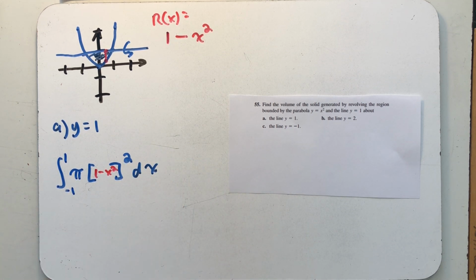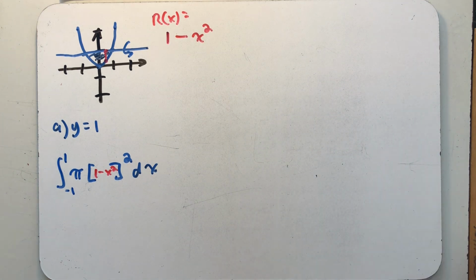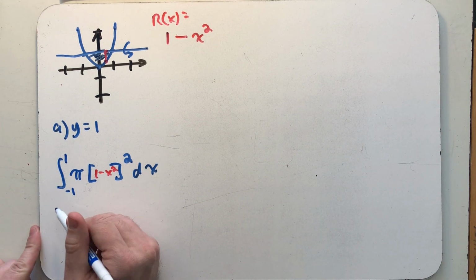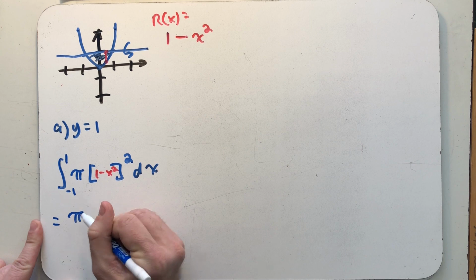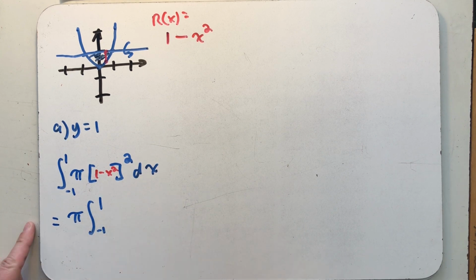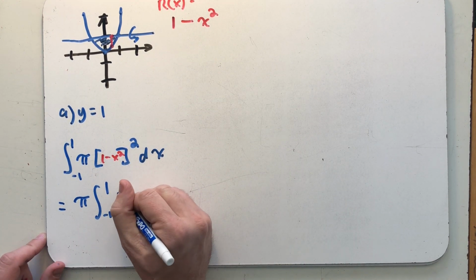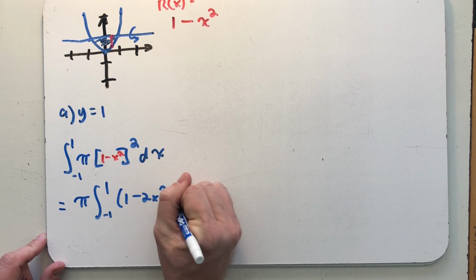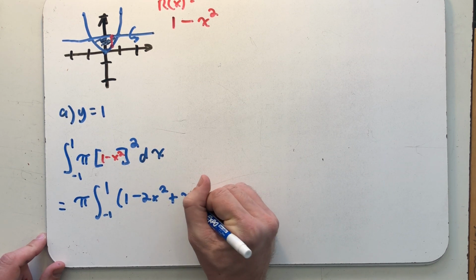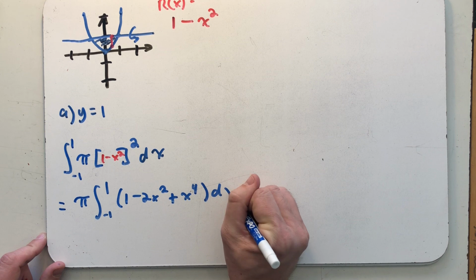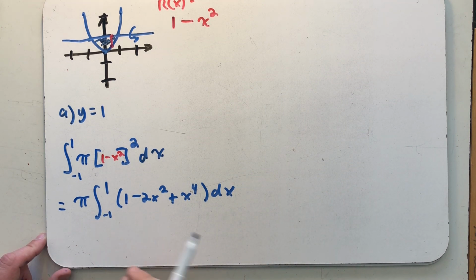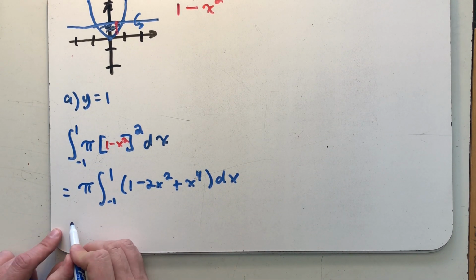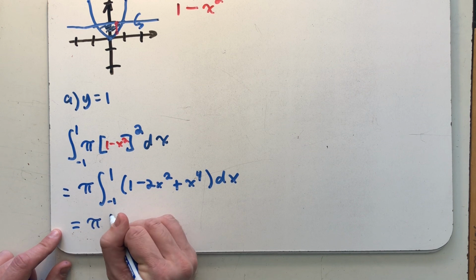So if we expand this binomial expression, we'll be able to integrate fairly easily. Go on, factor that pi outside. 1 minus 2x squared plus an x to the 4th. All right, let's find an antiderivative, and we will have found our volume.